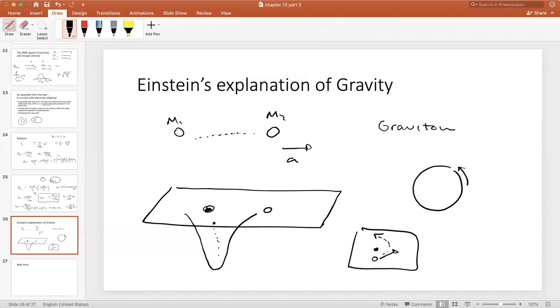and what happens is it ends up getting curved around this mass. So what Einstein explained is that mass actually causes space and time to curve around itself. And the more mass you have, the stronger the curve. So little mass, bigger mass, right? Really big mass like a black hole, and anything that gets too close to the black hole gets sucked in and can't get away.